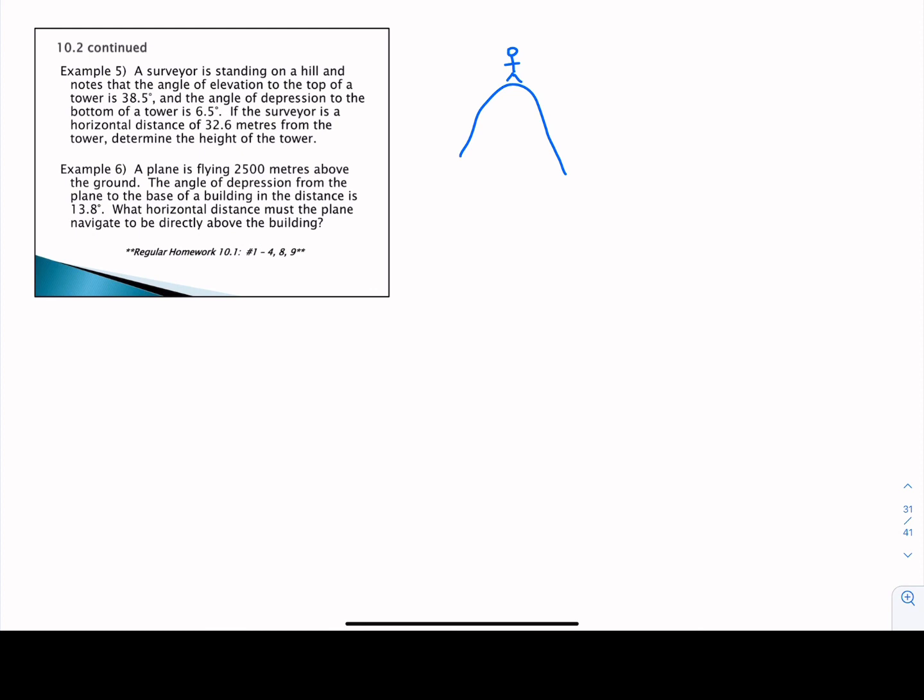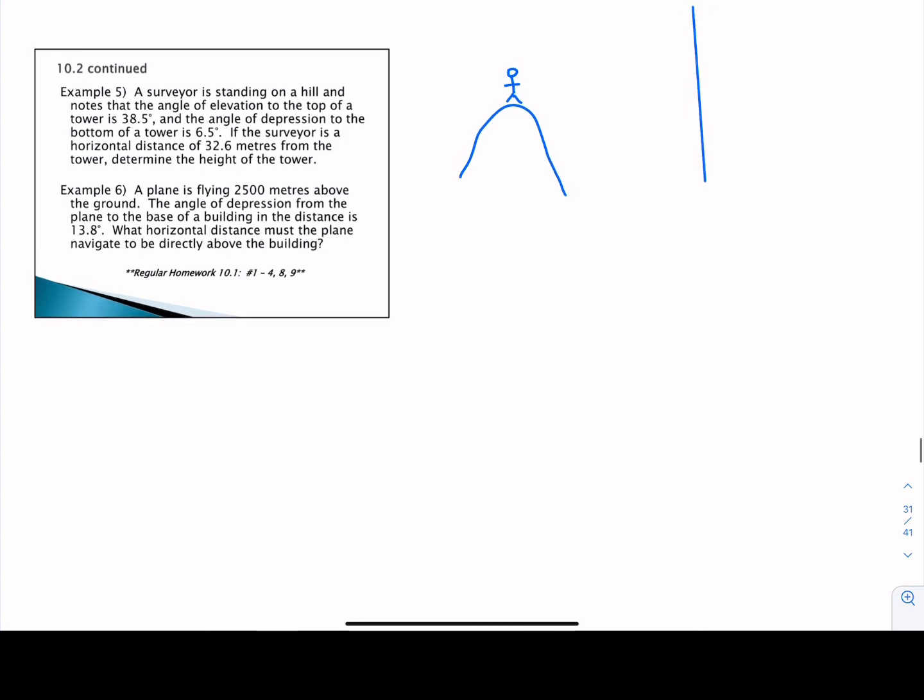So if they're looking up to see the top of the tower, then the tower must be taller than where they're standing. So I'm going to draw the tower, again as an approximation. So they're looking to the top of the tower and they have an angle of elevation.